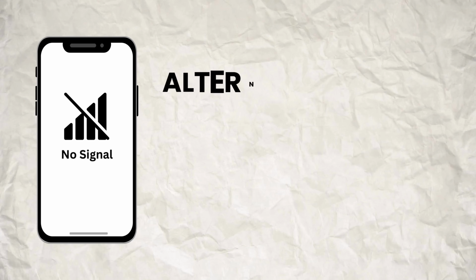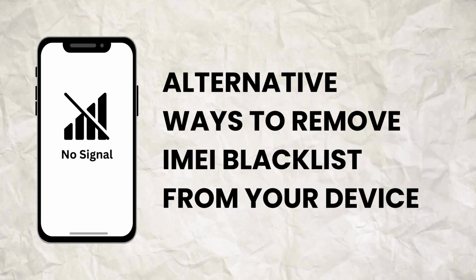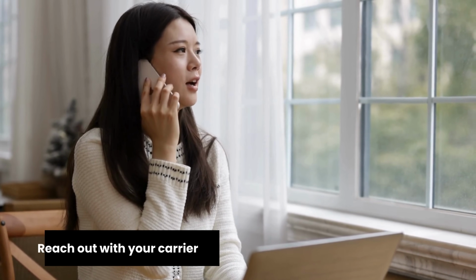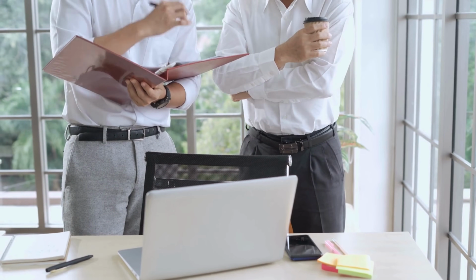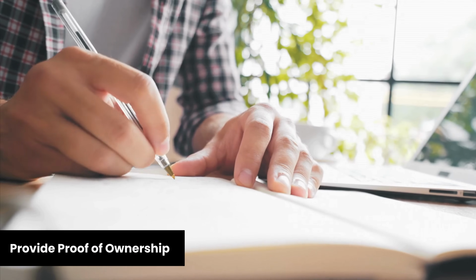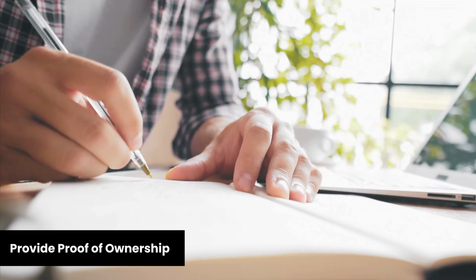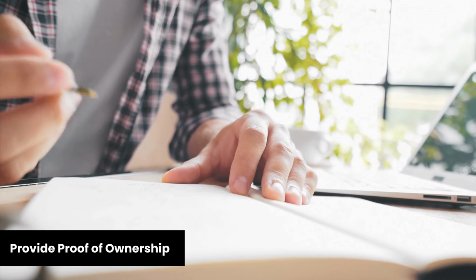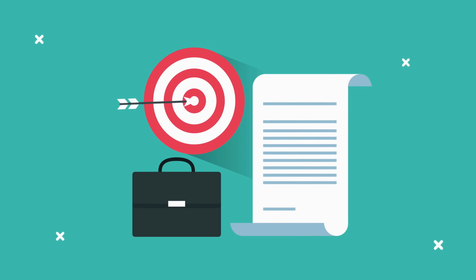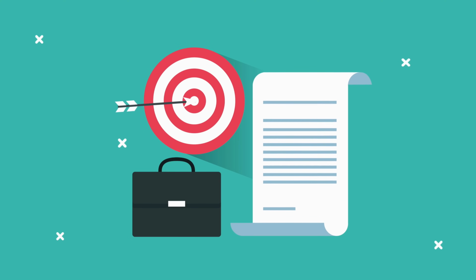Alright guys, here are some more alternative ways to remove an IMEI blacklist from your device. One option is to contact your carrier directly. They can provide specific instructions or requirements to remove the blacklist. Another method is to provide proof of ownership to the carrier or authority that blacklisted the IMEI. This could include showing receipts or any document confirming you as the legitimate owner of the device.